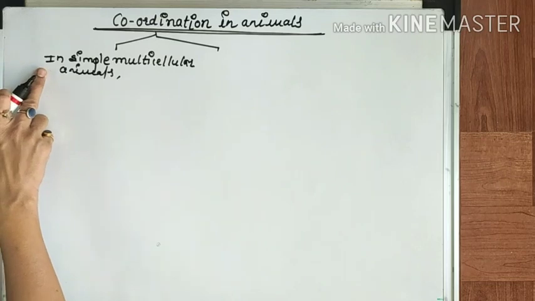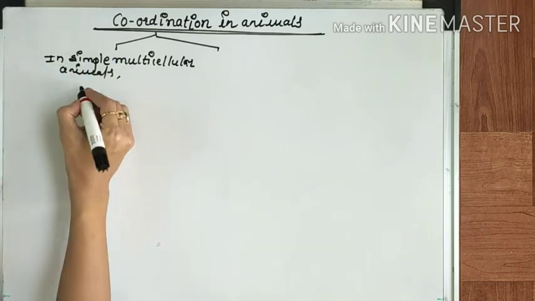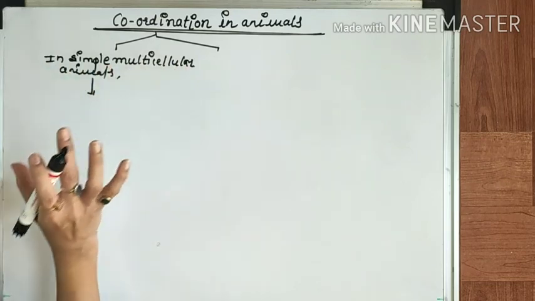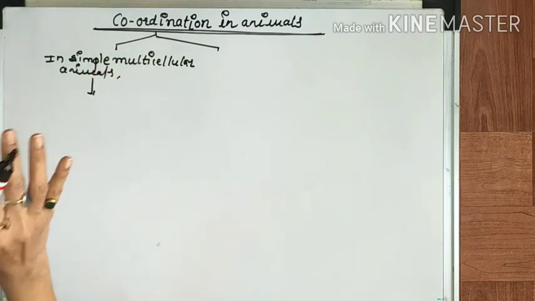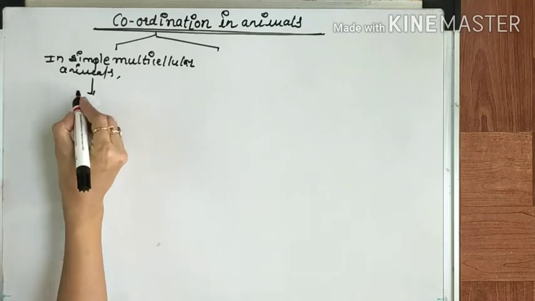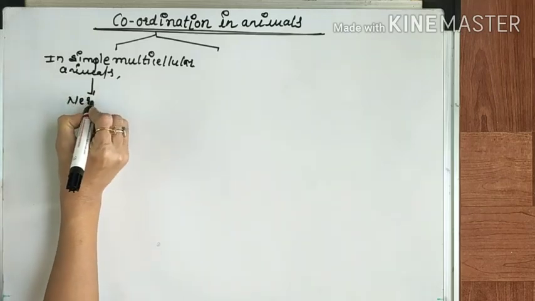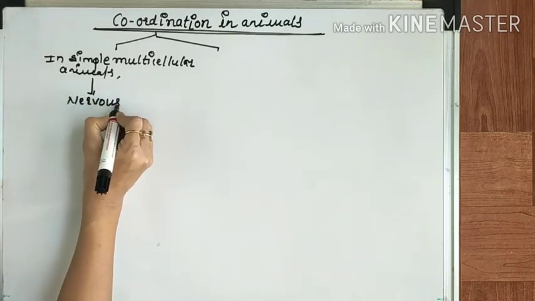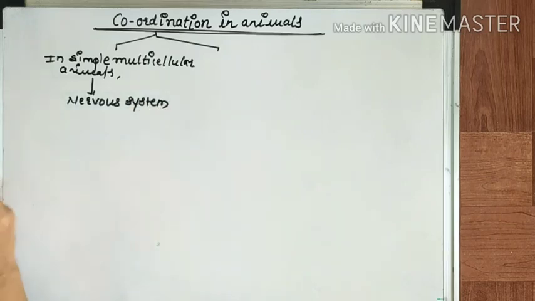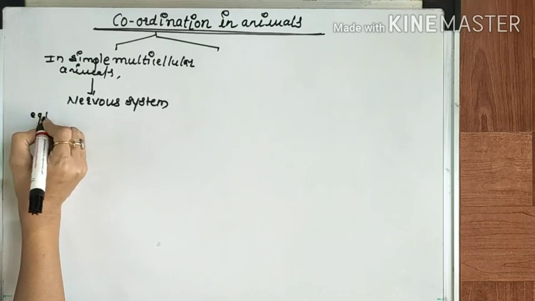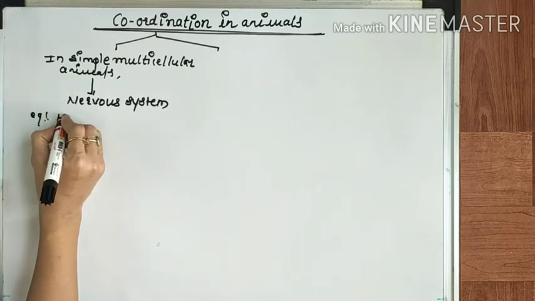I'm talking about simple multicellular animals. In them, control and coordination take place only and only through the nervous system. Okay, for example, I am giving you Hydra.